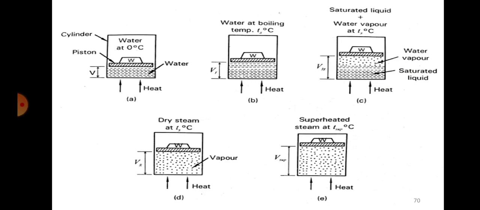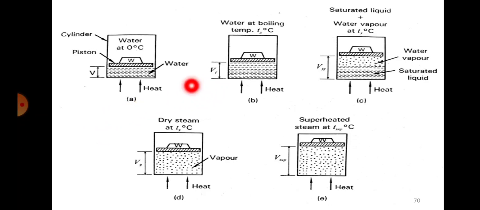Okay, so this is what is called the formation of steam, how steam is being formed and what are the things that we are going to study. Okay, so first of all let me just go through this picture and then explain the things.